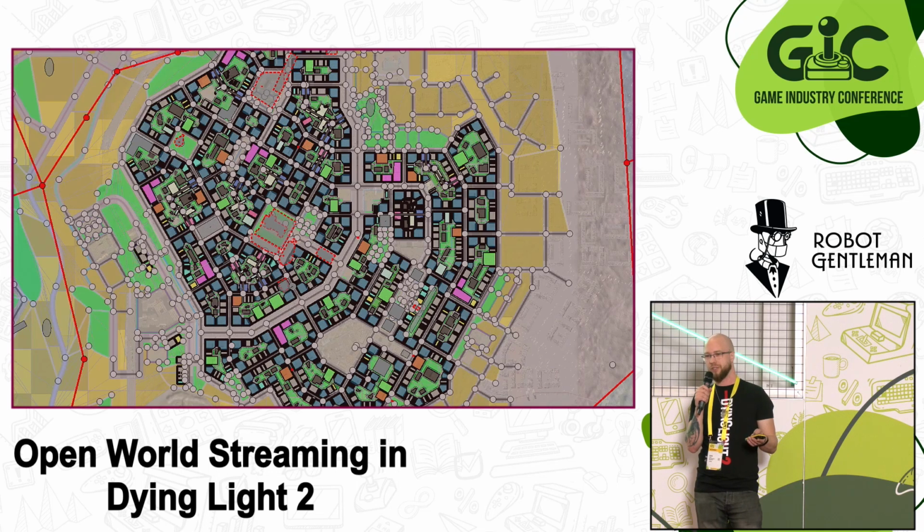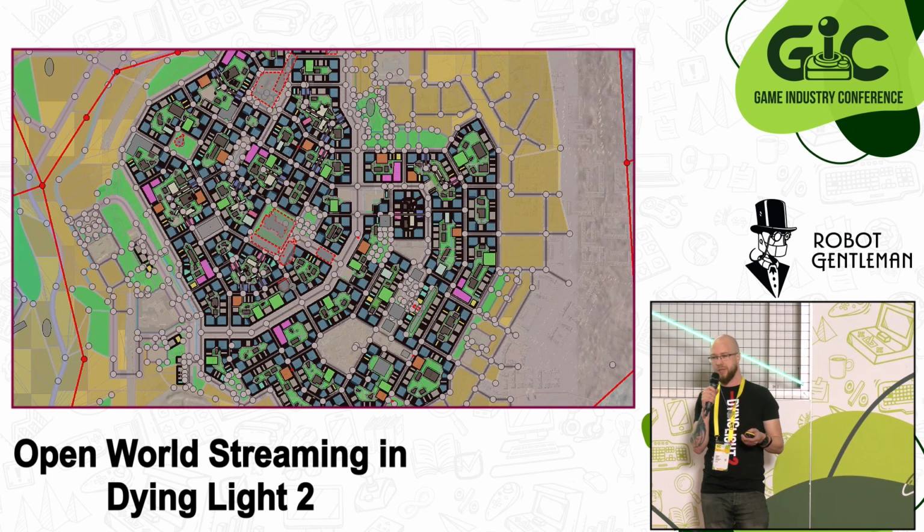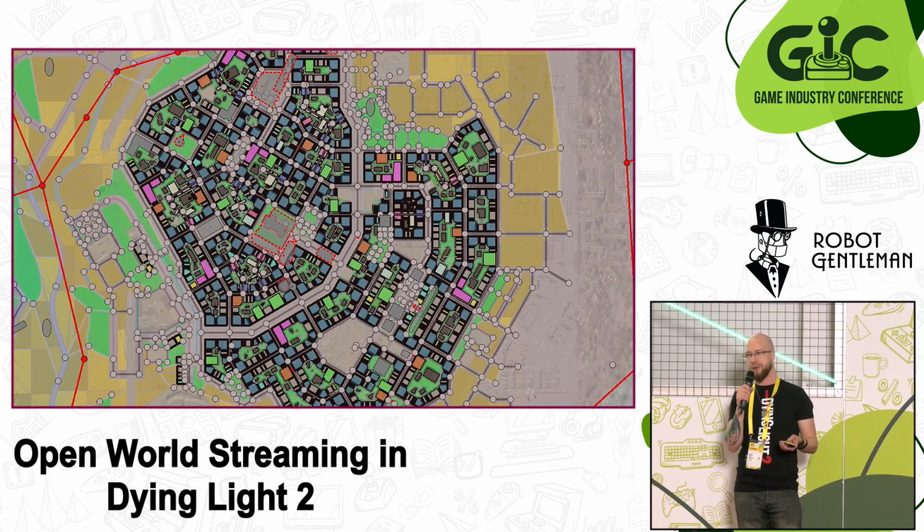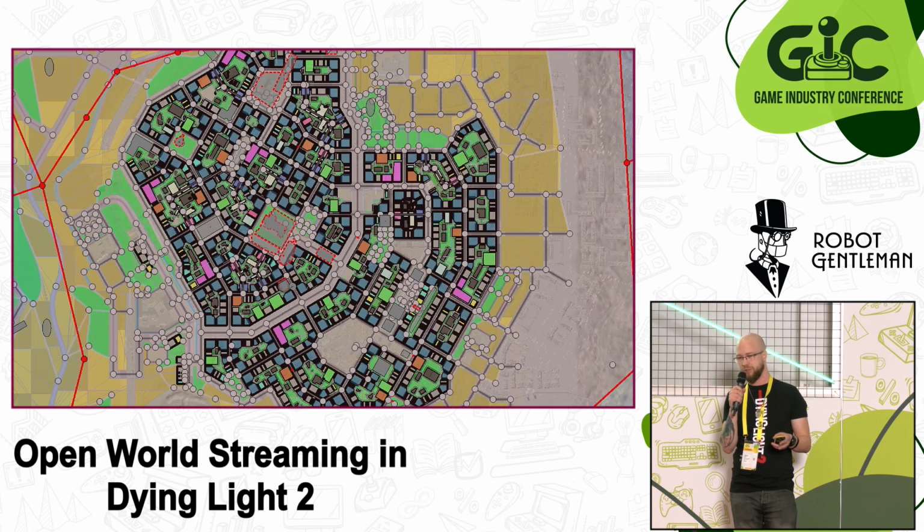But what's important here is that our map is divided into road segments, crossroads, and also areas that are filled with buildings, and also some unique locations in between them. And this structure of the world is enforced by this tool, by this City Builder.